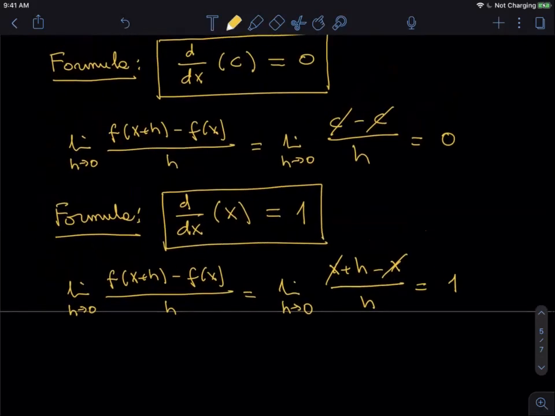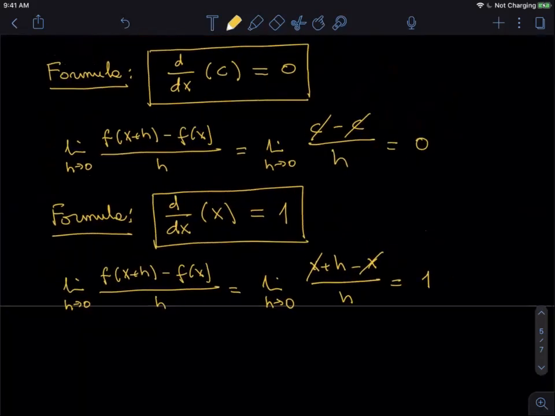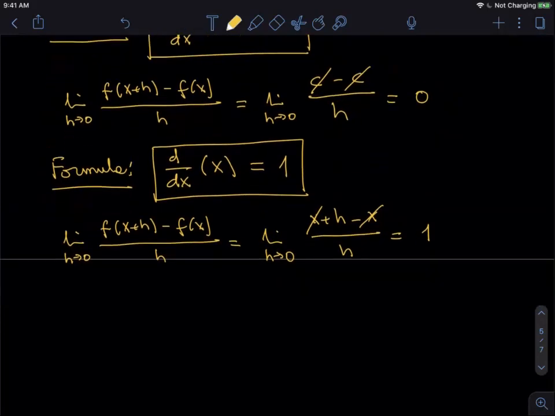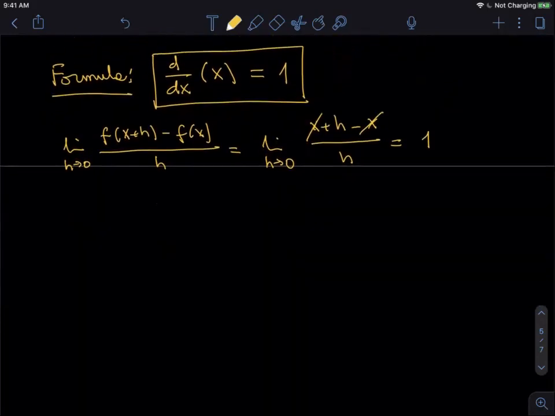Okay, so we have already two formulas that we need to remember. The derivative of a constant is 0. The derivative of x is 1. And we have this guess about a polynomial, right?